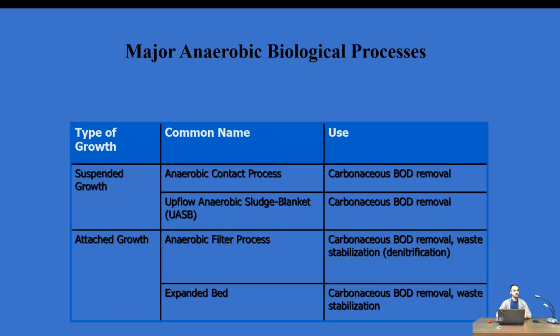The common reactors for treating wastewater anaerobically using suspended growth are the anaerobic contact process and the upflow anaerobic sludge blanket. These two reactors are used for removing carbonaceous BOD. Another two types use attached growth: the anaerobic filter process and the expanded bed. These are also used for carbonaceous BOD removal and waste stabilization.